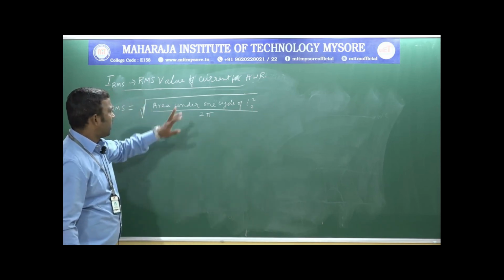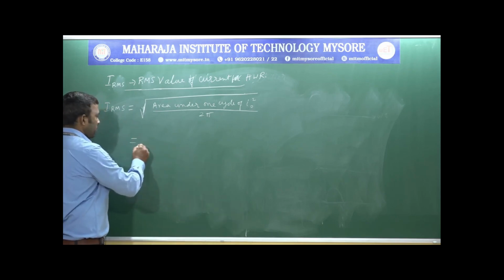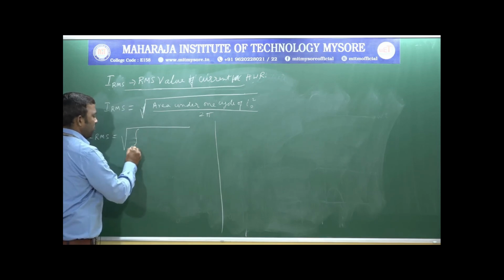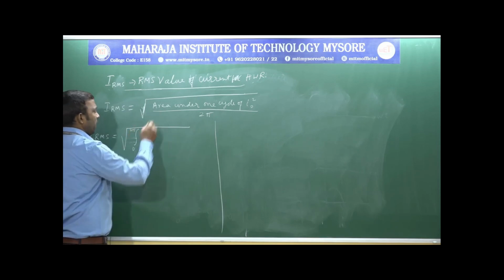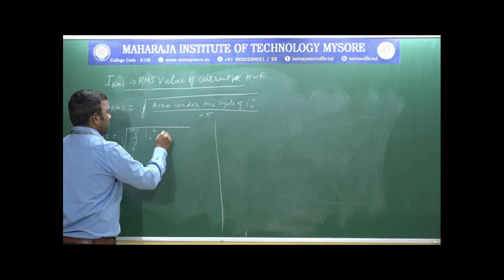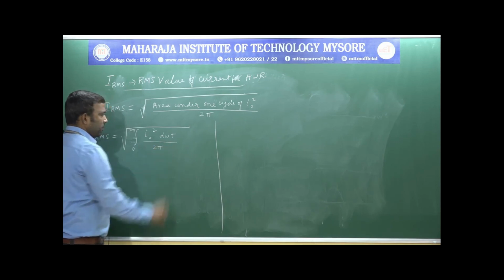What is the value of the area under one cycle of I naught square? I can write this as the square root of the integration from 0 to 2 pi of I naught square d omega t by 2 pi.